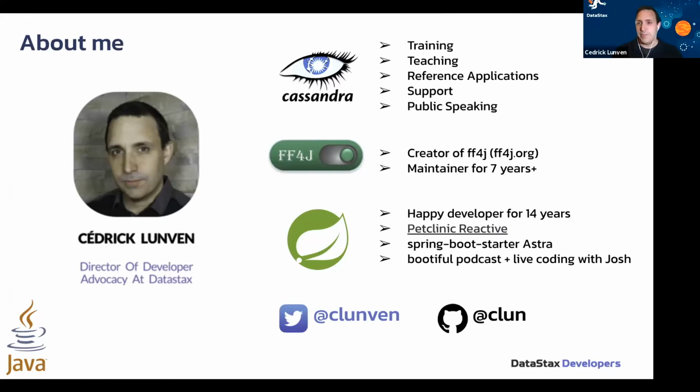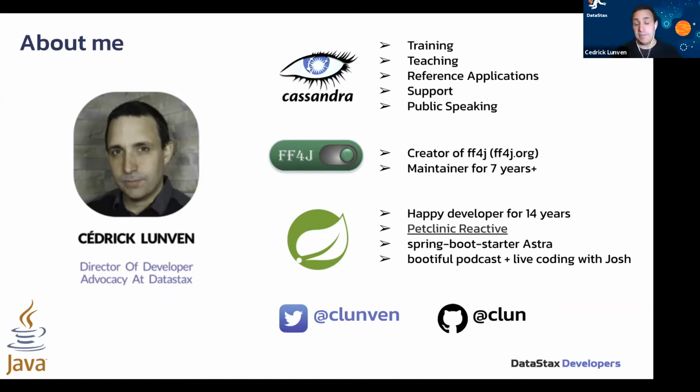At night and during weekends, I'm an open source committer. I created 8 years ago a library called FF4J, feature flipping for Java, which enables you to do a feature toggle, enable or disable parts of your application at runtime, and do a lot more like monitoring, feature properties, and configuration management.